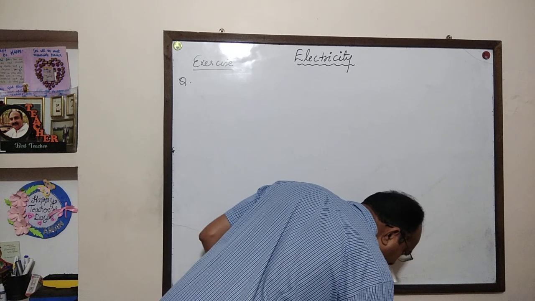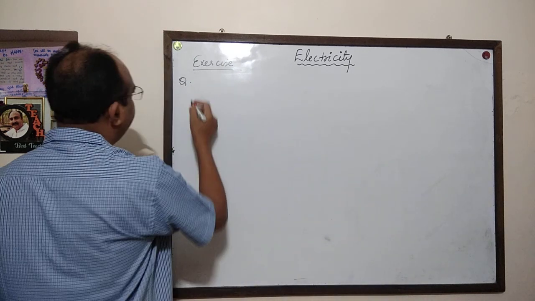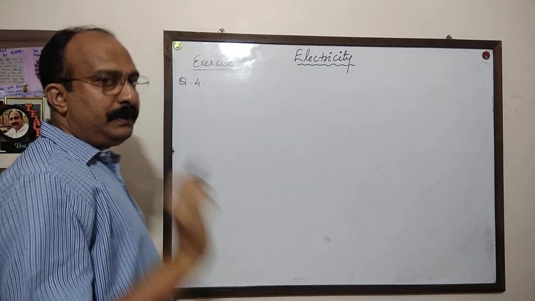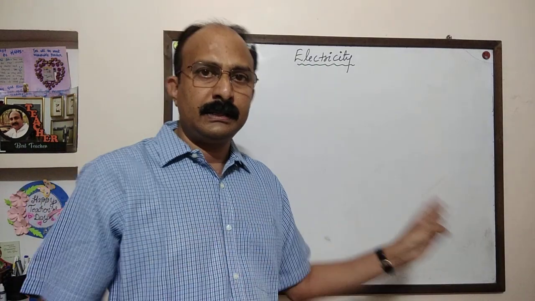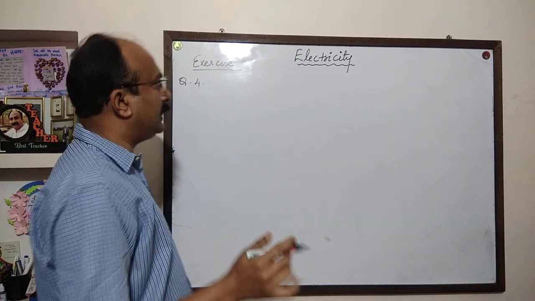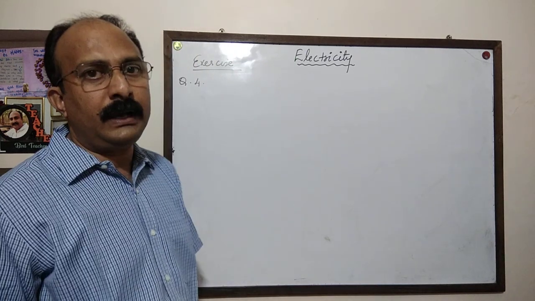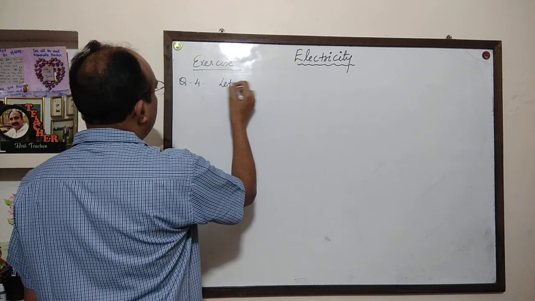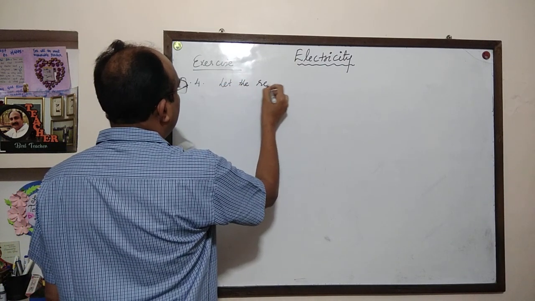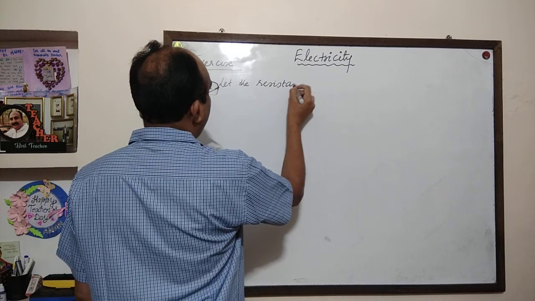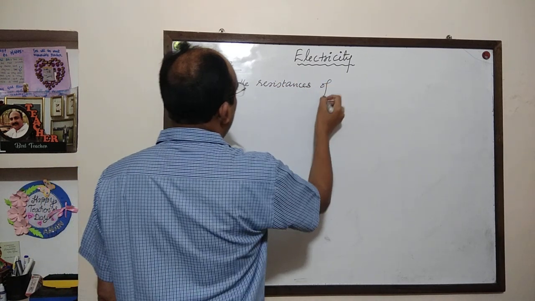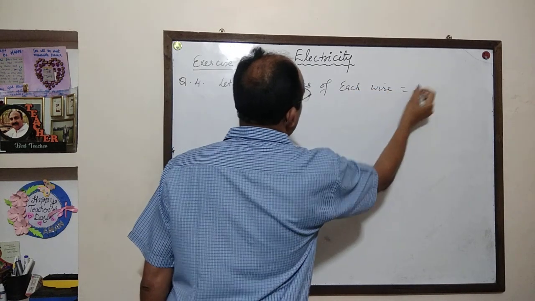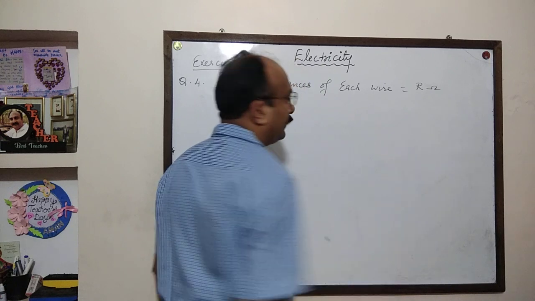This is question number 4. Two pieces of wire having same resistance. So let us take it as resistance of each wire is equal to R ohm.